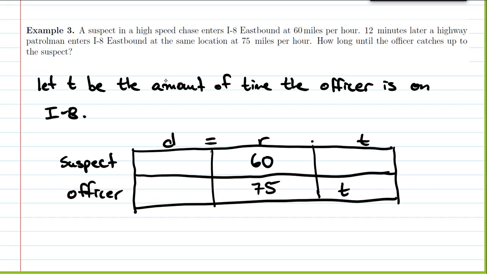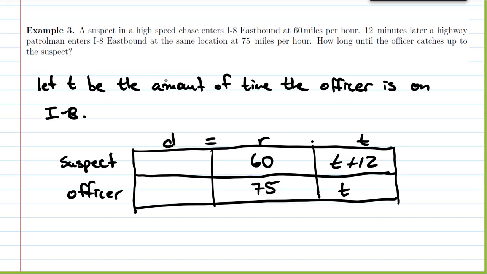So now we have T, but the question we need to ask is, who has been on I-8 longer, the officer or the suspect? Well, it would be the suspect. He's been on for 12 minutes longer, so he would be on for T plus 12.